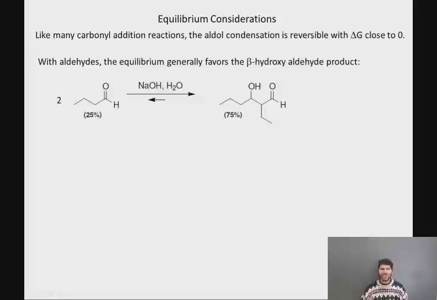Okay, so just a slight variation on the reaction that I introduced to you at the beginning of this lesson. In this case, we're going to use butyraldehyde instead of acetaldehyde. The aldol product will be present 75% at equilibrium. The starting materials will be present 25%. Notice this is not 100%.